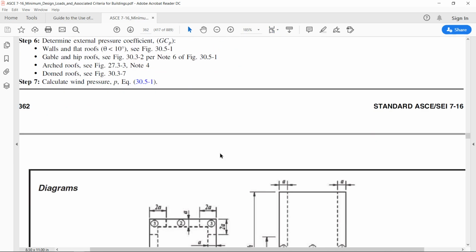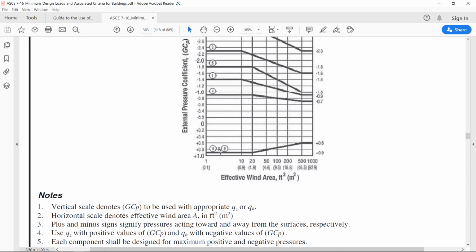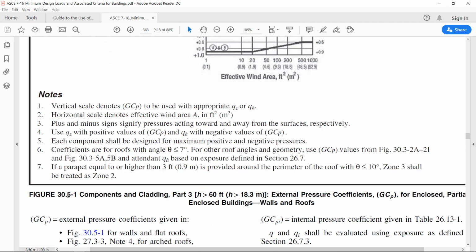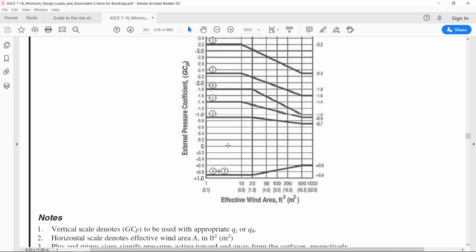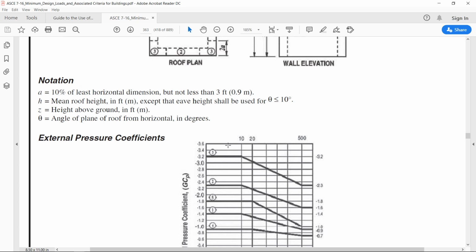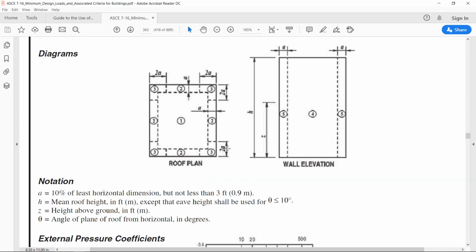I should show here. This is figure 30.5.1, components and cladding, part 3, for H greater than 60 feet, external pressure coefficients for enclosed and partially enclosed buildings. This is for wall and roofs. So here is the condition.